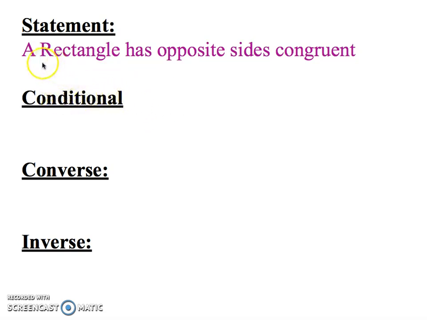So starting off, our statement is, a rectangle has opposite sides congruent. Our conditional for that would be, if it is a rectangle, then it has opposite sides congruent. So go ahead and write that.